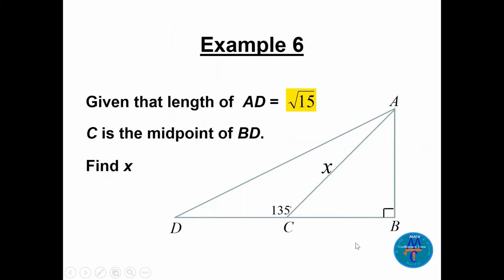Let's see more. Given this big triangle ABD, and there's another triangle ABC inside, given that the length of AD is square root of 15, see this big one here, square root of 15. C is the midpoint of BD. So this distance BC is the same as the distance CD.